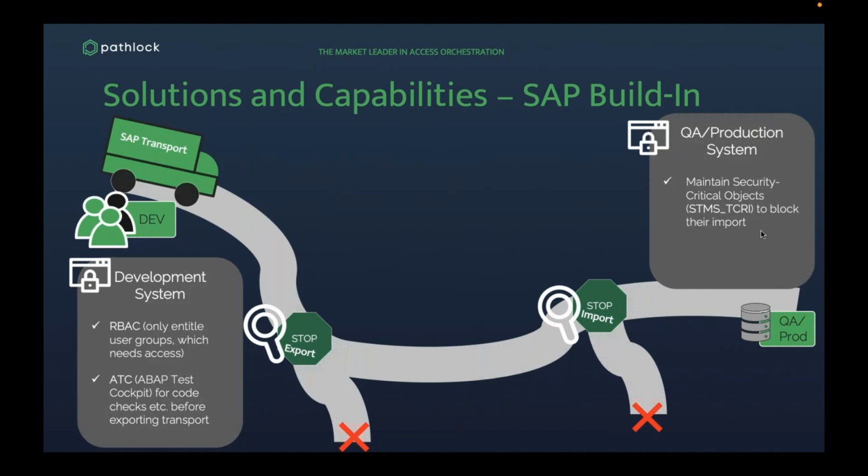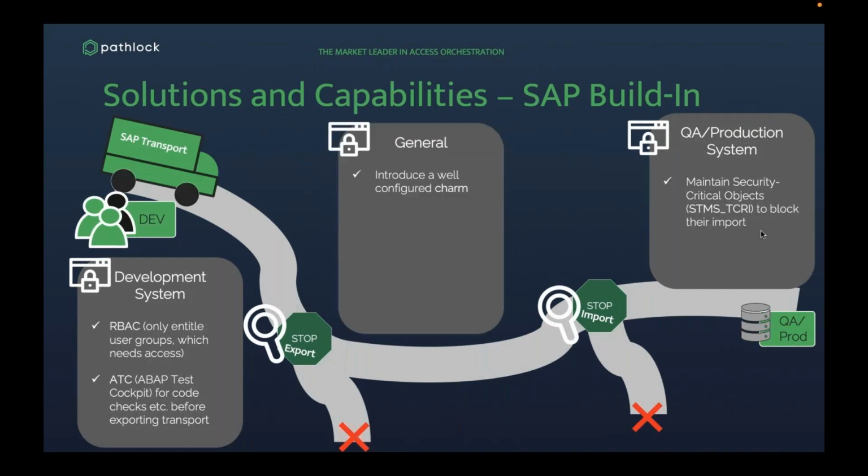And at the end, you can generally introduce a well-configured ChaRM, for example. This ChaRM allows you to add way more detailed control: what is allowed, who is allowed, do I need a 4-eyes principle, for example, and so on. And this gives you way more detailed control over the life cycle of a transport.